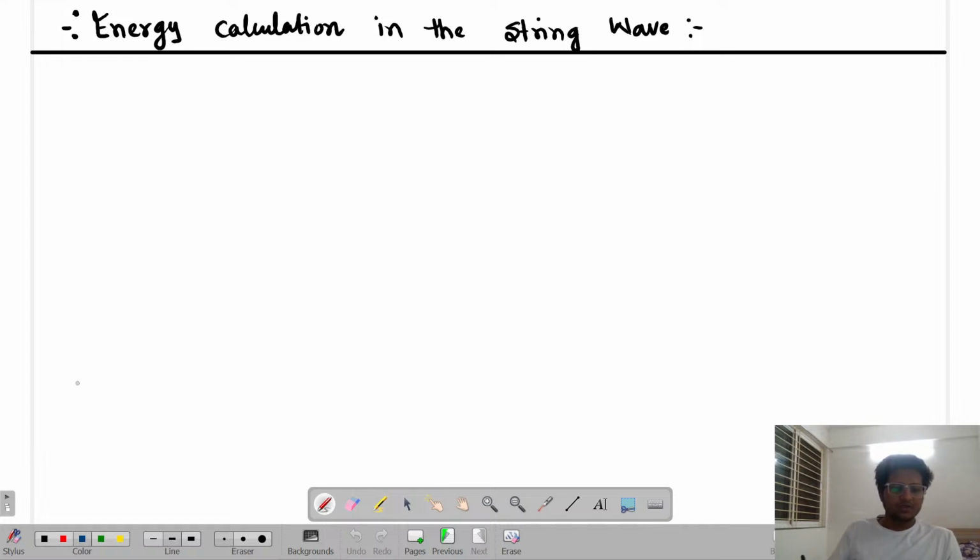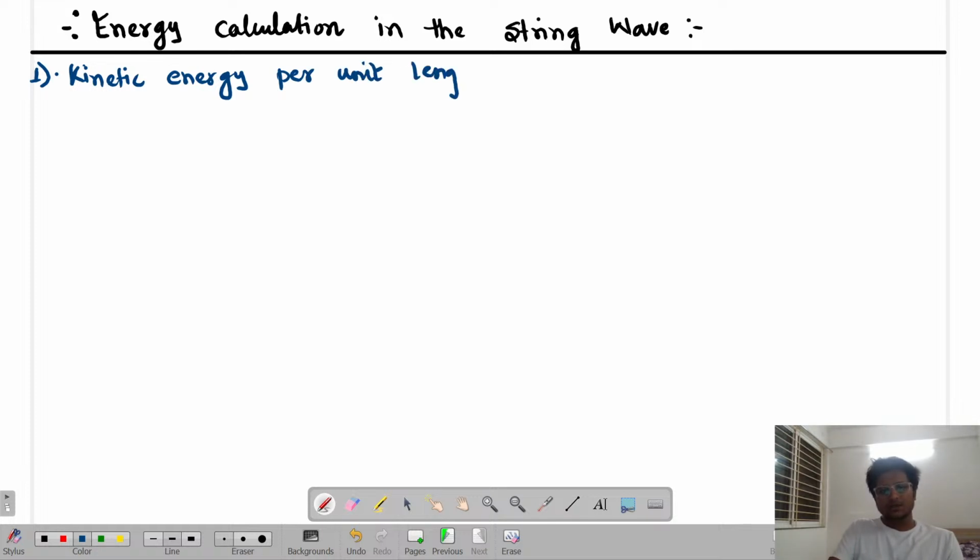So basically the first task which we will do is defining the kinetic energy per unit length of the string wave. Okay, kinetic energy per unit length. Are you able to get me or not? Any kind of doubt till now? No. So let us suppose if we are defining kinetic energy per unit length.